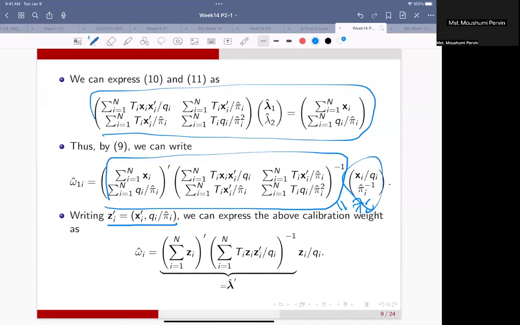Then everything can be written in a very simple form. Z is the variable that we use for calibration, essentially. Qi is the variable that we use in the objective function. And then this is basically the solution.